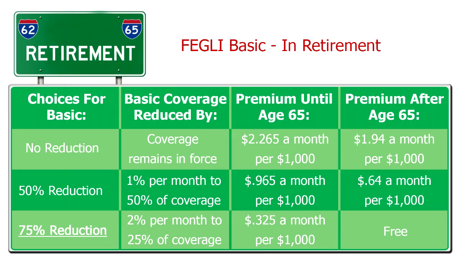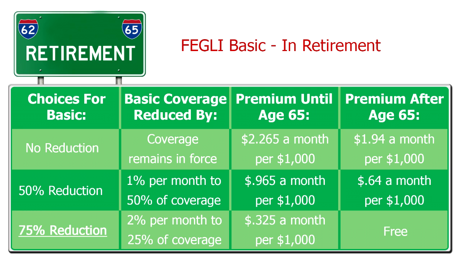The 75% reduction option works as follows. You pay for the basic coverage until age 65, but the 75% reduction choice is free in retirement. So at age 65, all premiums will end. You no longer pay for the basic either.